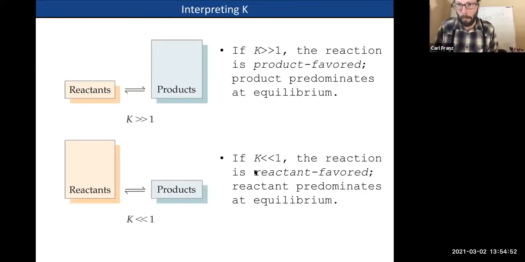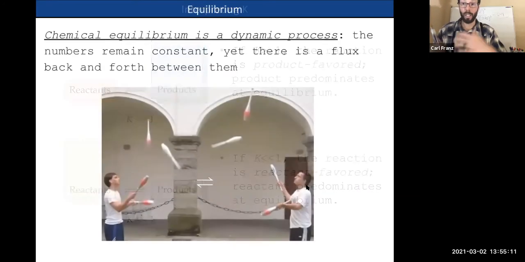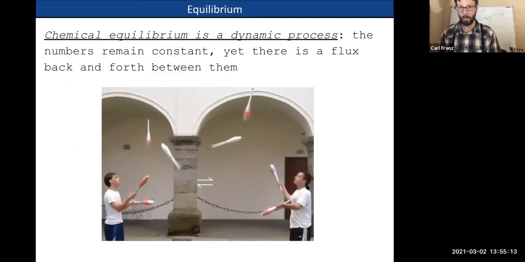Here we are. Okay. So again, K is significantly larger than 1. It's product favored at equilibrium. If K is significantly less than 1, it's reactant favored at equilibrium. So again, using this juggling analogy, right now the pins are balanced. Each juggler has 2 pins in their hand, and then there are 4 pins in the air. 2 are on one side, 2 are on the other side.